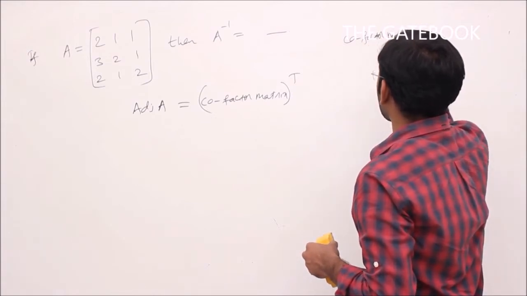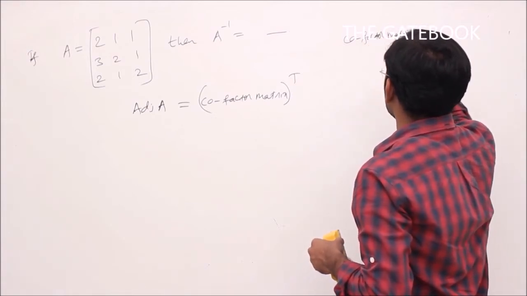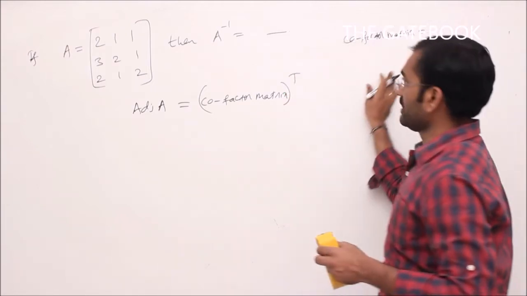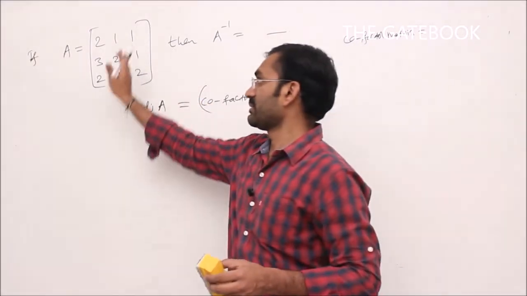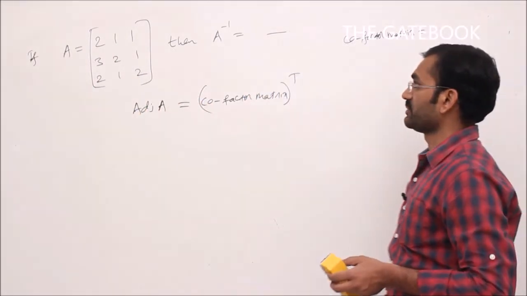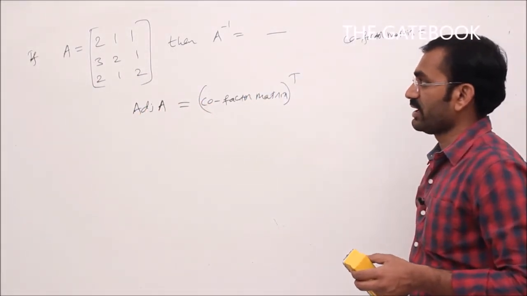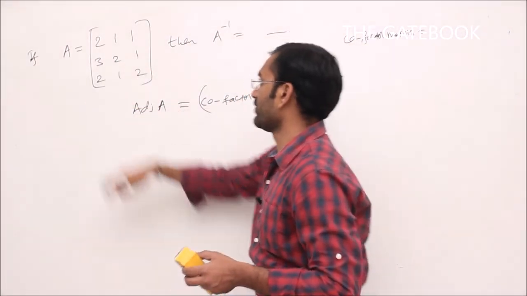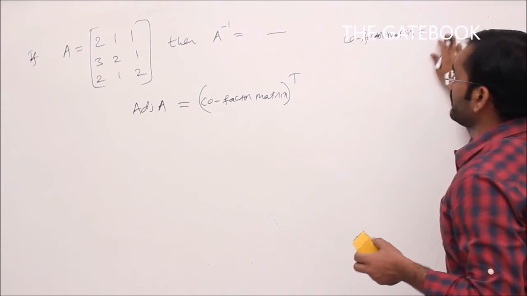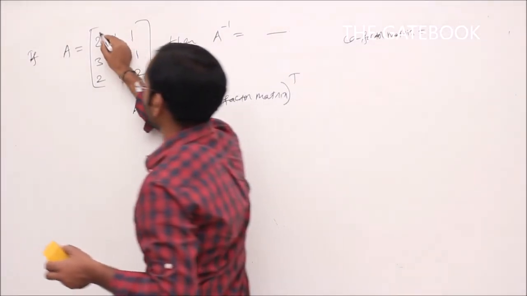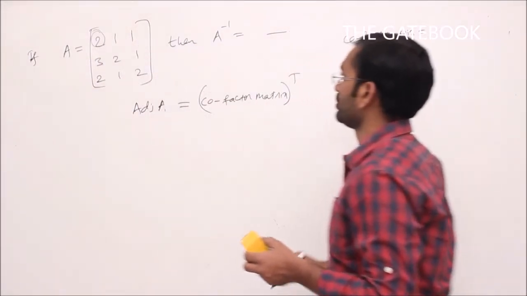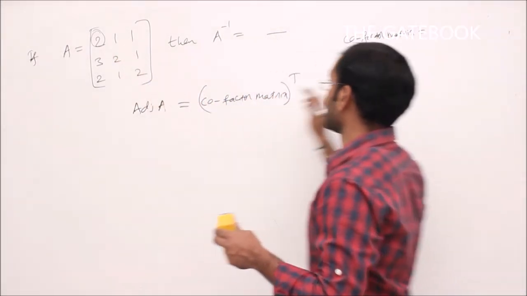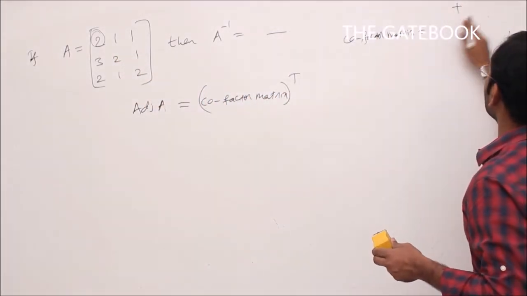To find the cofactor matrix, it is the matrix obtained by cofactors of elements of that matrix. See, it has 9 elements, so we get 9 cofactors. Before going to cofactors, I will first assign signs here: plus, minus, plus, minus, plus, minus, plus, minus, plus.